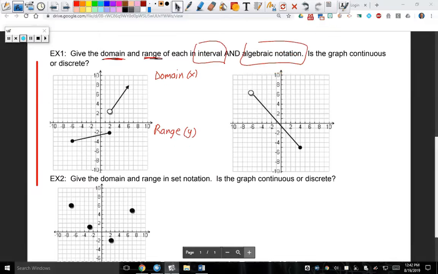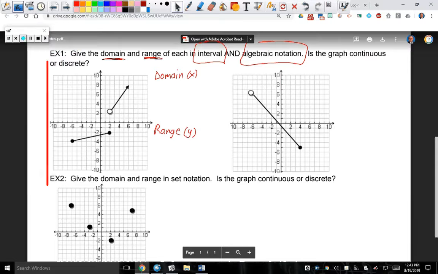Let's scan this, and we're going to scan the x values for the domain. Here we go, left to right. I want you to think that the graph is pieces of metal, and it will only beep when I'm right above it. So think of this red vertical line like a metal detector, and over here, there's nothing.